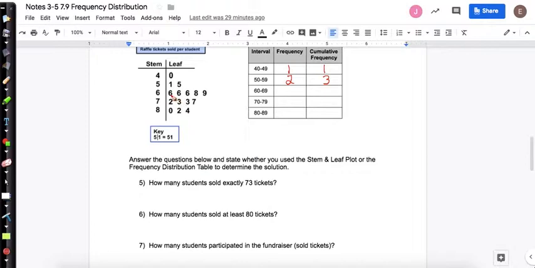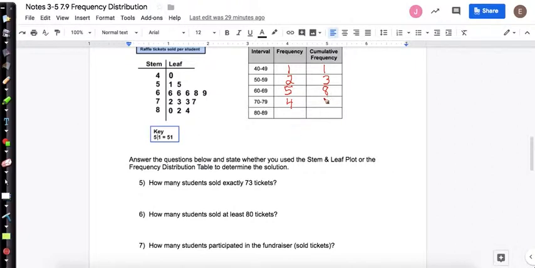Okay, 60 to 69, 1, 2, 3, 4, 5. So the frequency is 5. Now the cumulative frequency of all the students would be 8. If it was 3 here and the frequency is 5, I now have a cumulative of 8 altogether. 70 to 79, 1, 2, 3, 4.